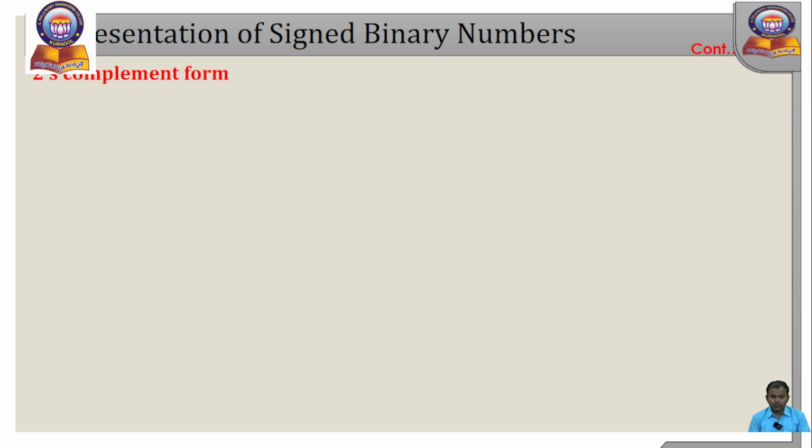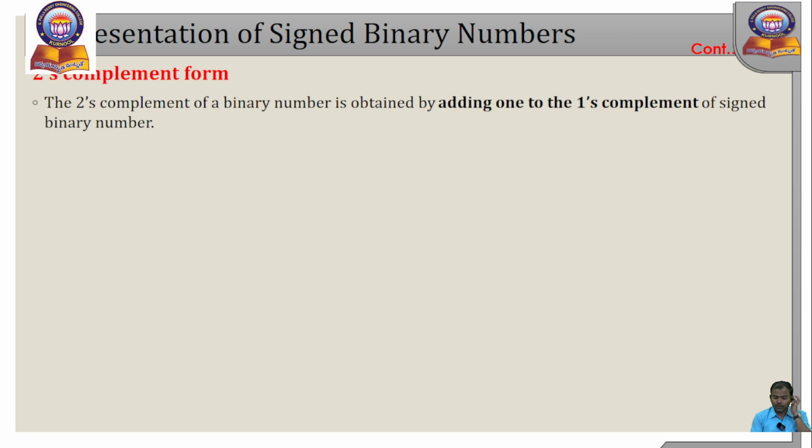Then for the twos complement form, the twos complement of a binary number is obtained by adding 1 to the ones complement of the signed binary number. So to find the twos complement form of a binary number, first find the ones complement of that number, then add 1 at the LSB position, the rightmost bit.